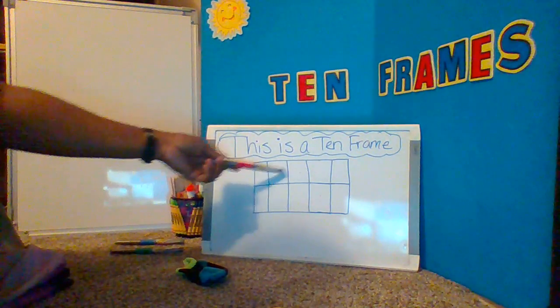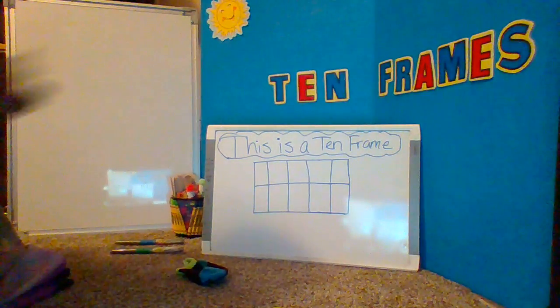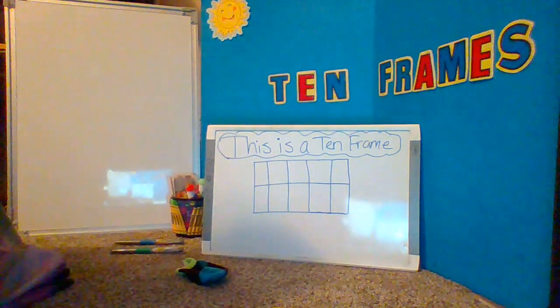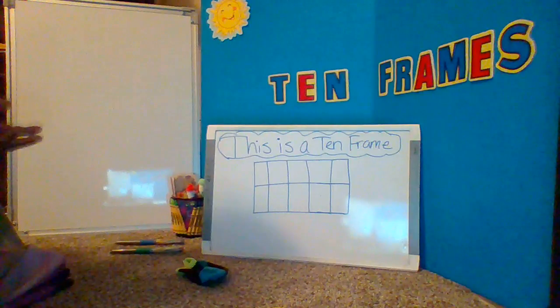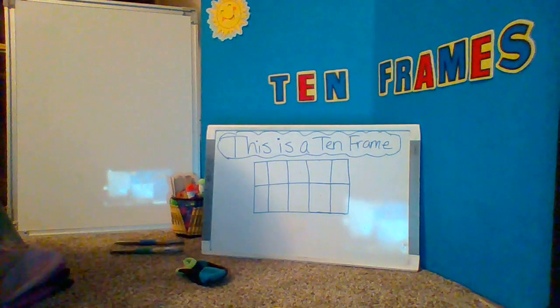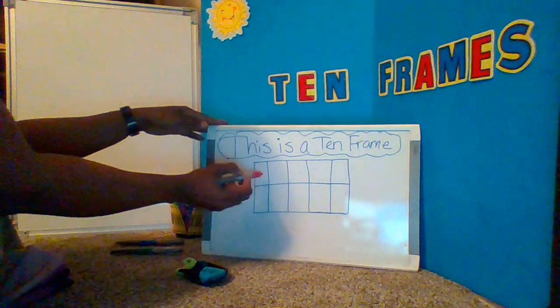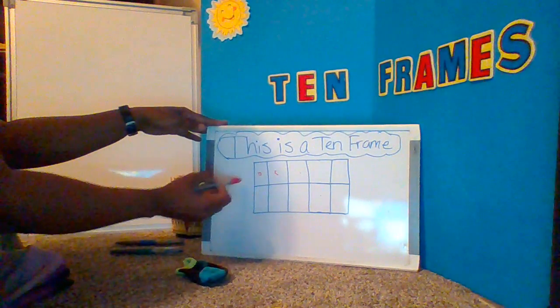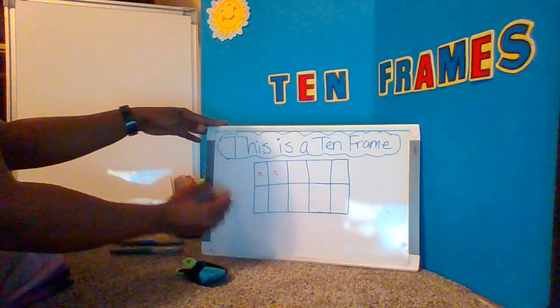if we were to fill that top row up with 5 and we leave the bottom row empty, students will automatically be able to say, when asked, how many circles do we have in our 10 frame, because we automatically know that this equals 10.